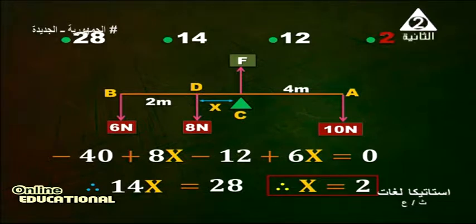This is right, but this very important method to calculate the length of x is to find moment about C. Moment about C must be equal 0 to cancel the force F and find the value of x.